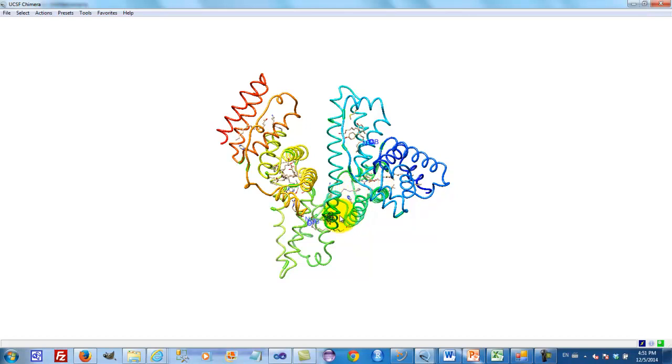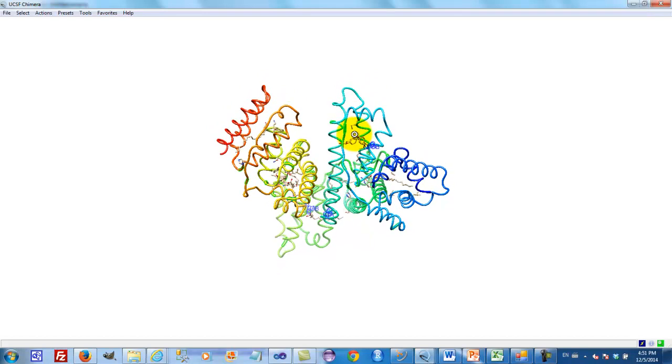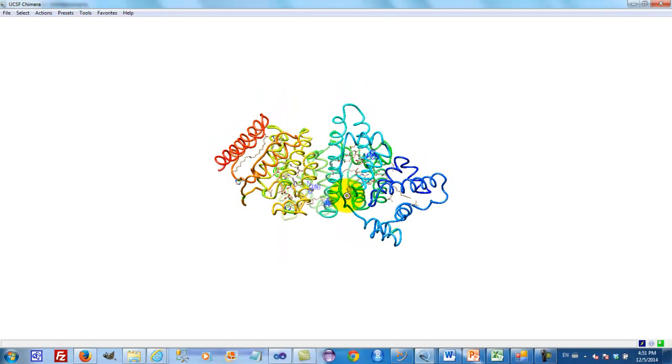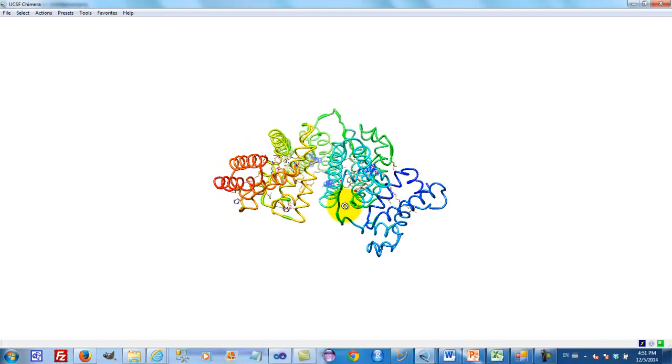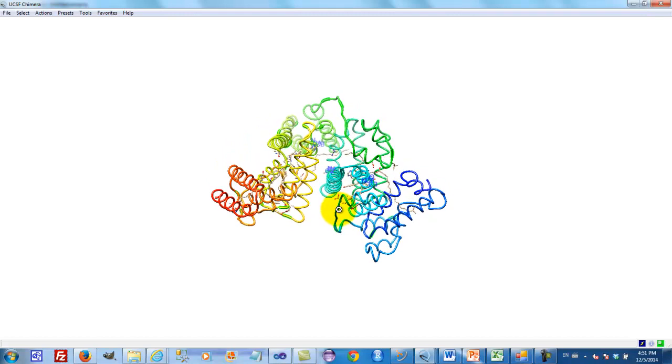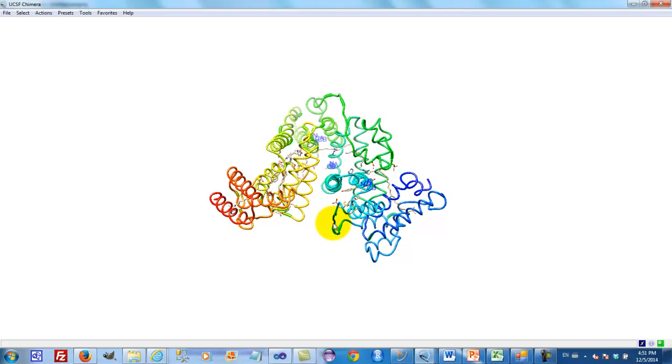And now the next bundle is up, down, up. We rotate that through 90 degrees. And you can see the ligands binding between the alpha helices there too.